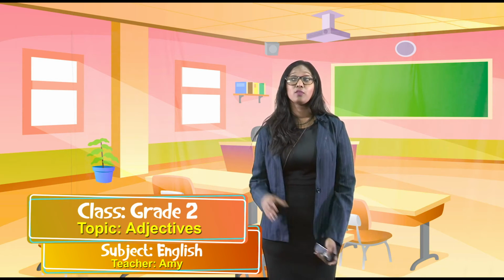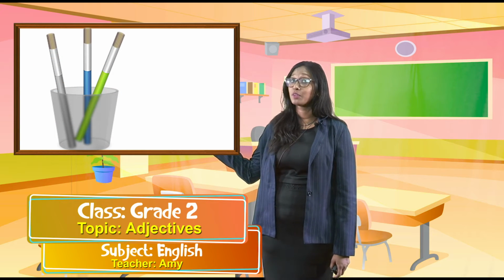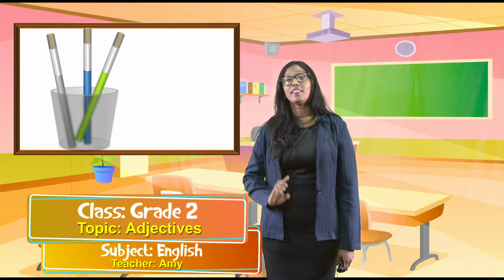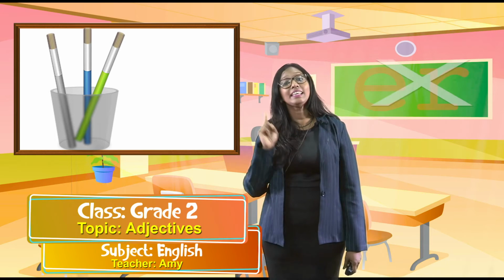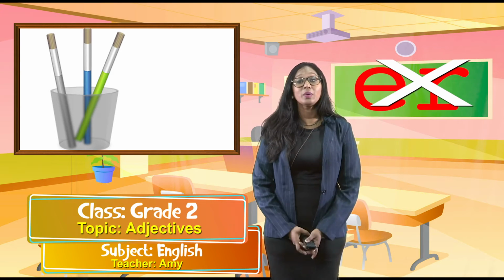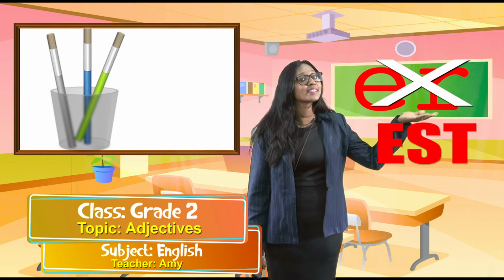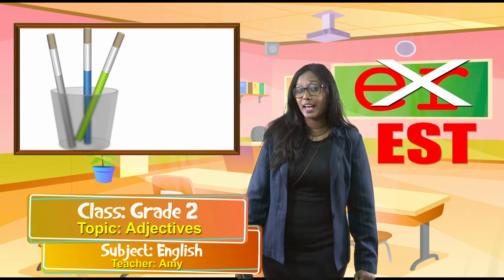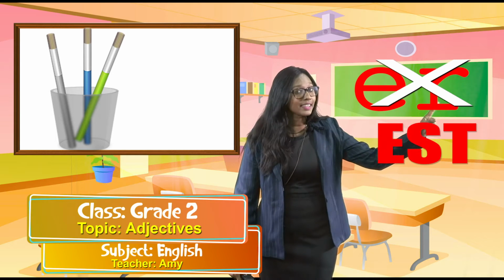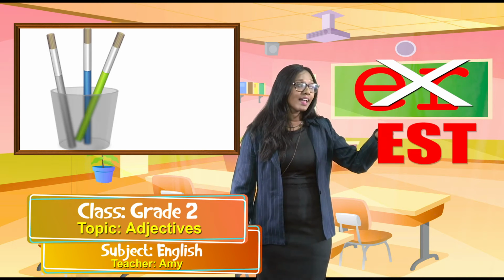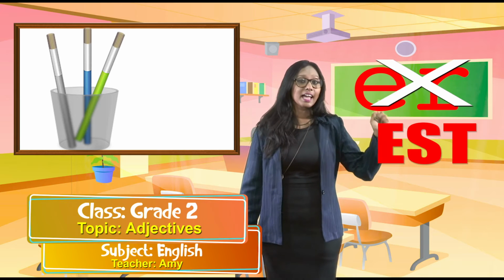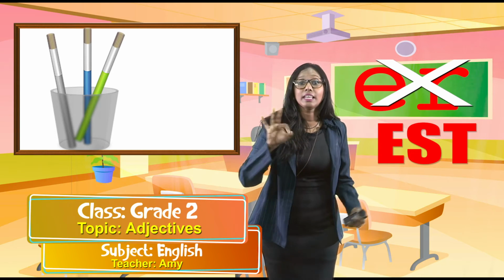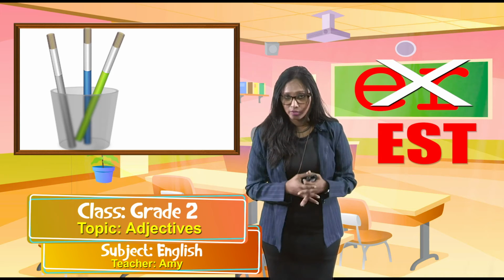If we have three things, like three pencils here, then we do not add ER anymore, we add EST. We add what, children? We add EST to the adjective when we are comparing three or more than three.